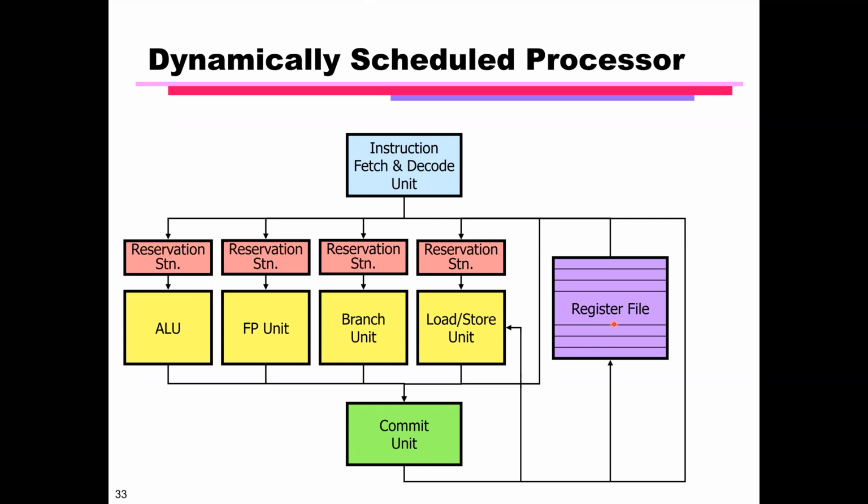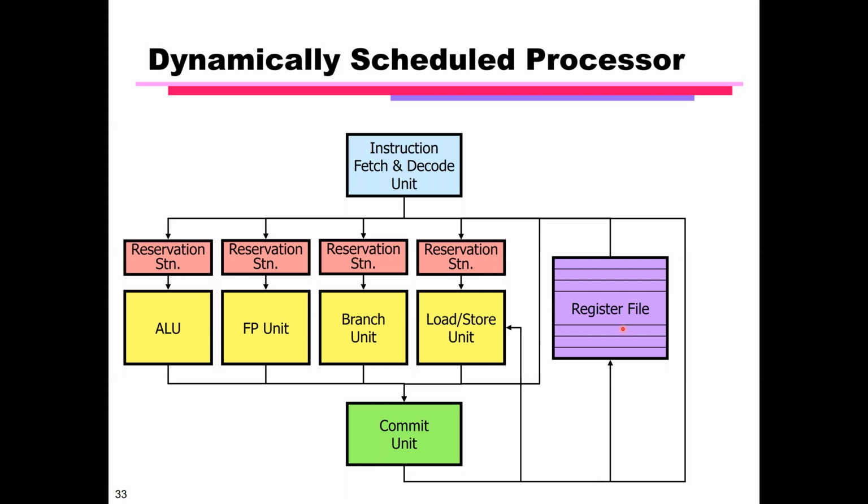What is the sense of this machine? It is the same machine that I had at the beginning of today. I just turned it 90 degrees. You still see the fetch and decode unit, the reservation station in front of all the functional units, and this reorder buffer or commit unit that writes back in the register file.